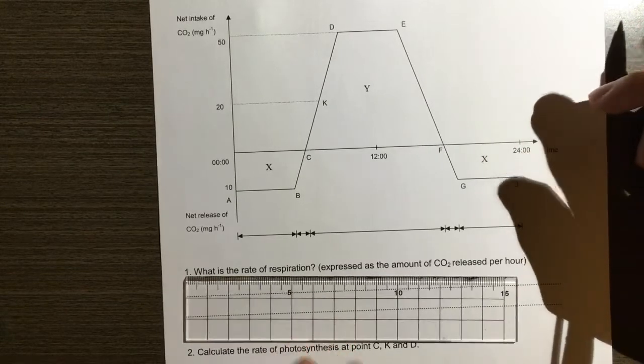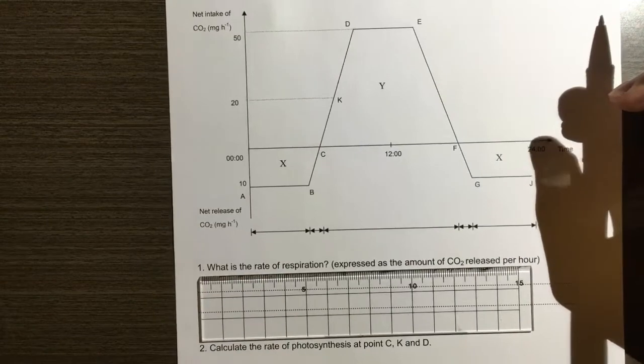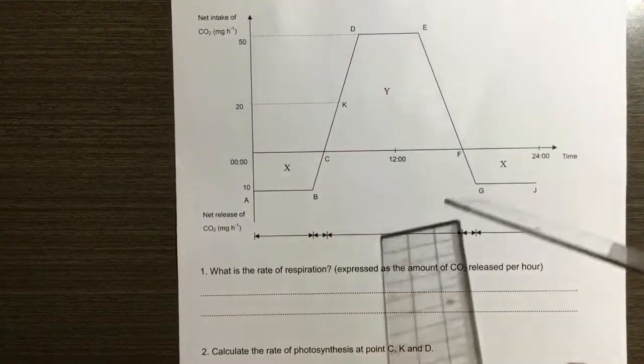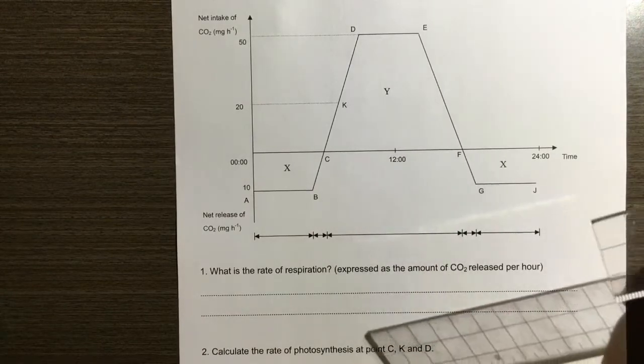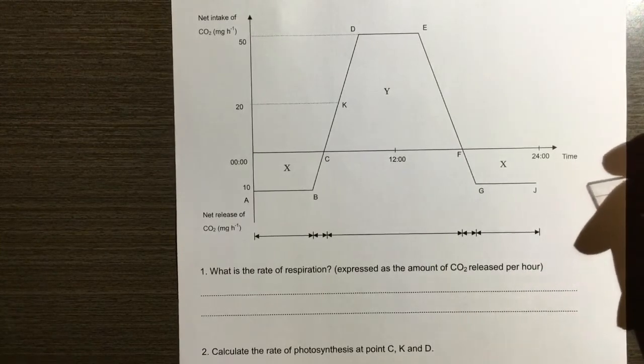What is the rate of respiration? My hint is, look for the moment that the plant only does respiration. At which time point or in which time period does the plant only do respiration, and why?